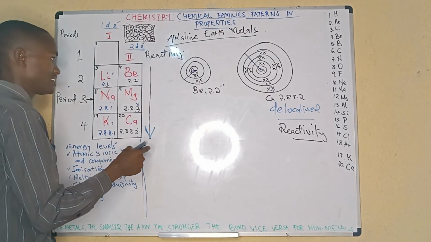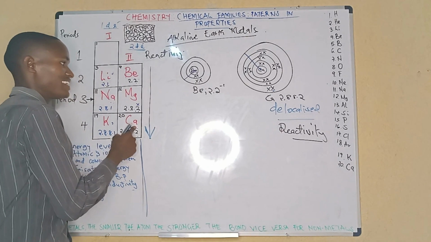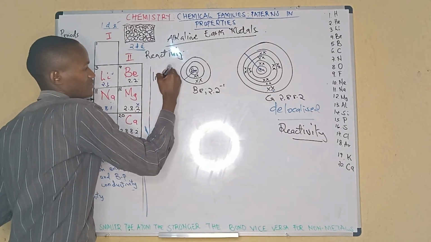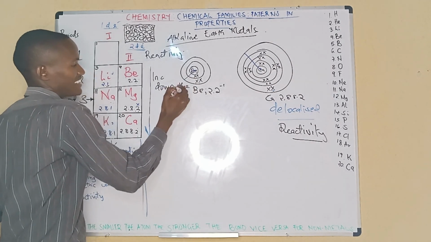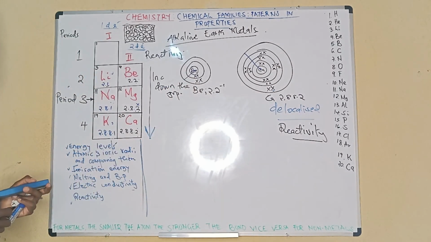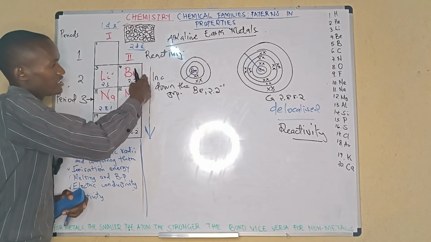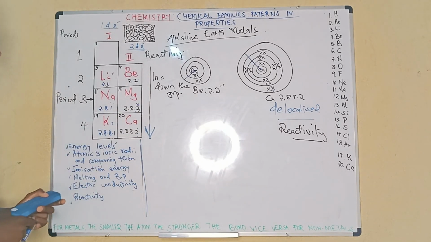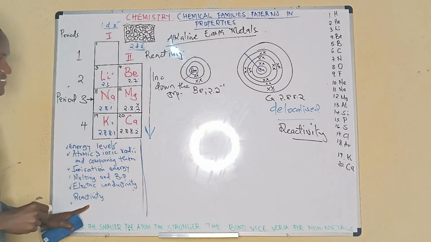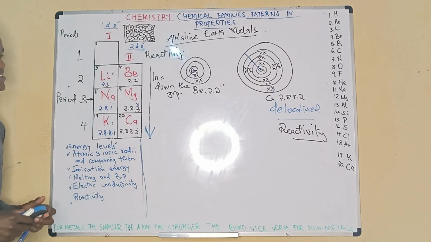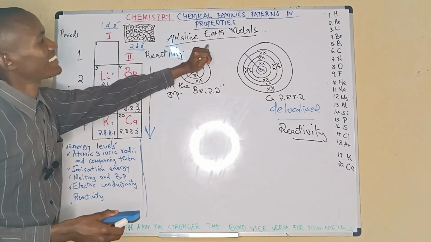We are referring to reactivity. It increases down the group. The reactivity increases down the group. So we are done with that. That means you are done with alkaline earth metals.